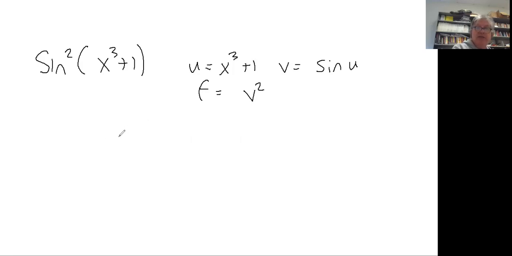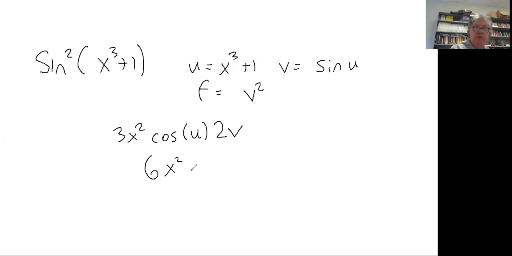So the derivative of x cubed plus 1 is 3x squared. Derivative of sine u is cosine u. And the derivative of f is 2v. Okay, so we get 3 times 2 is 6x squared.